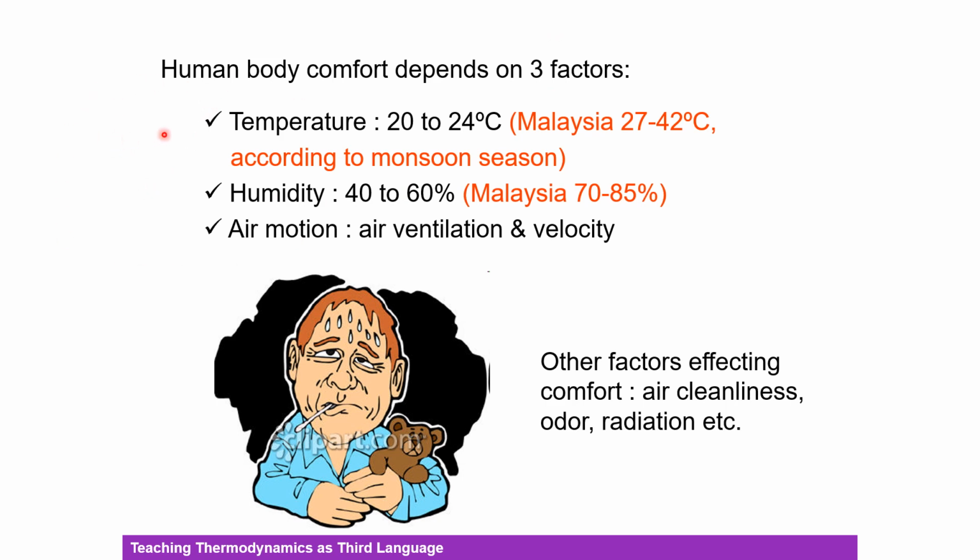And remember, in the subsequent presentation, we will be learning how to control these two parameters, especially the temperature and humidity, so that you can achieve the human body comfort between 20 to 24 degrees Celsius and the humidity level between 40 to 60.